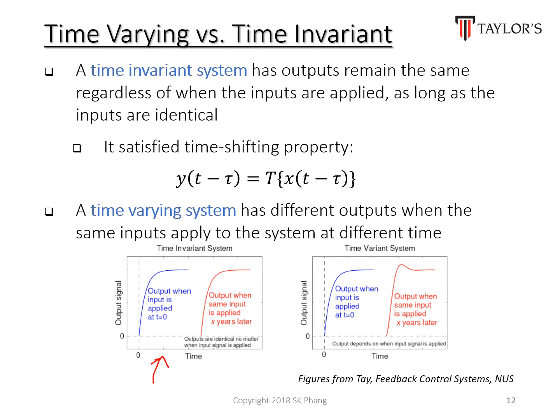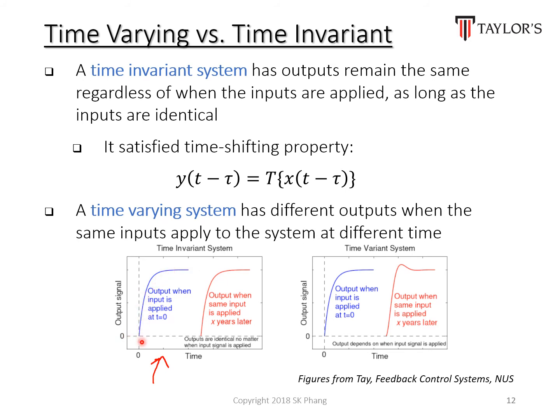In this example, if you apply a certain input at time equals 0, the output behaves as such. So this is the output. However, if you apply exactly the same input after a certain delay, it turns out that the output of the system will be exactly the same as the previous output.